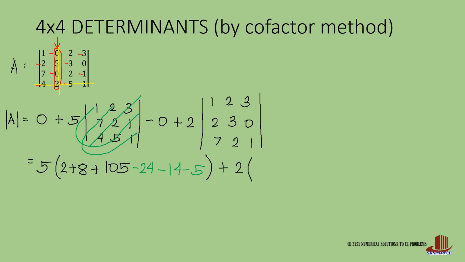2 times 1 times 3 times 1 would be 3. Plus 2 times 0 times 7 would still be 0. And take 3 times 2 times 2, that would be 12.